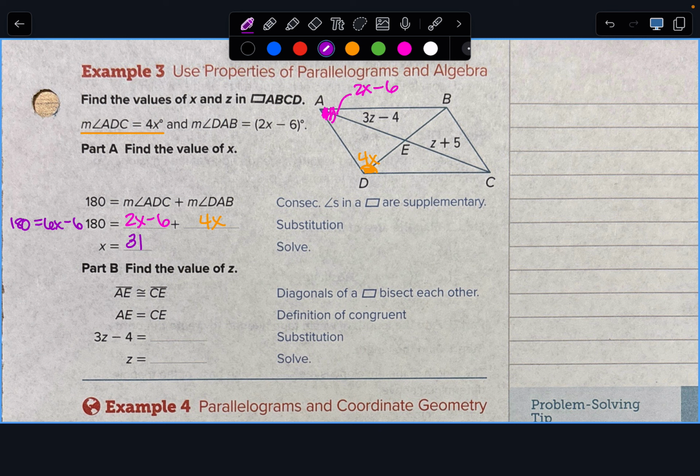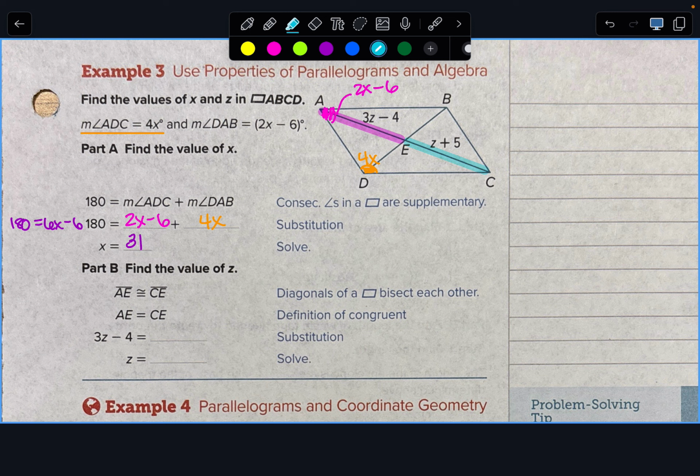All right, now, we also know that the diagonals bisect each other. So, AE and EC should be congruent because the diagonals are meeting at the midpoint.